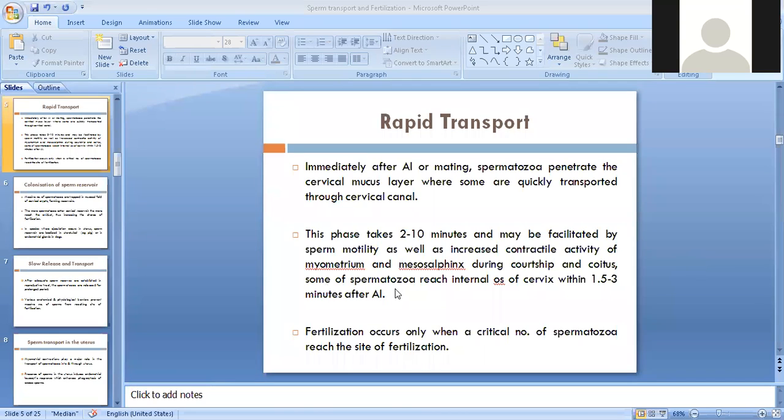Some of the spermatozoa reach the internal os of the cervix immediately or within 1 to 3 minutes of AI or mating. When fertilization occurs, only a critical number of spermatozoa reach the site of fertilization, and the rest are filtered out.